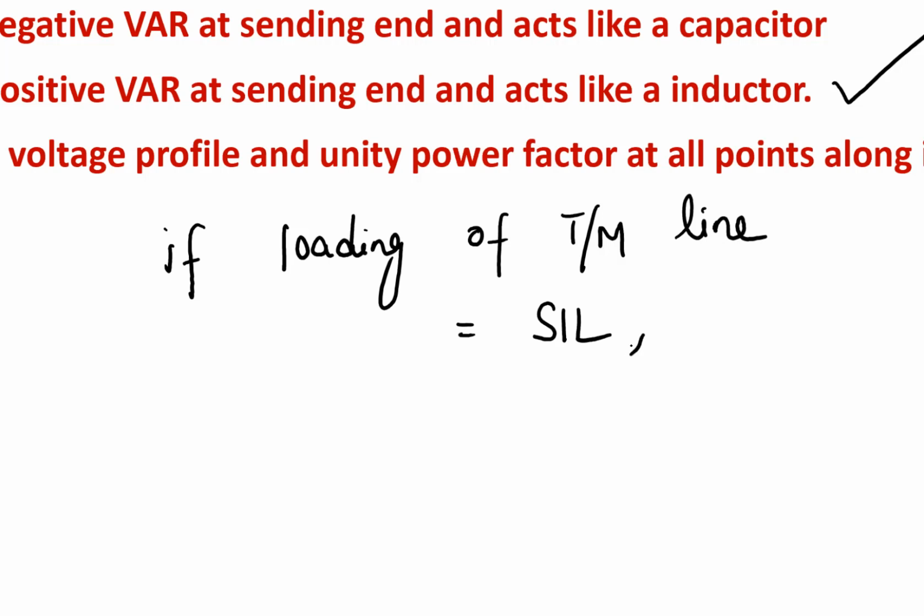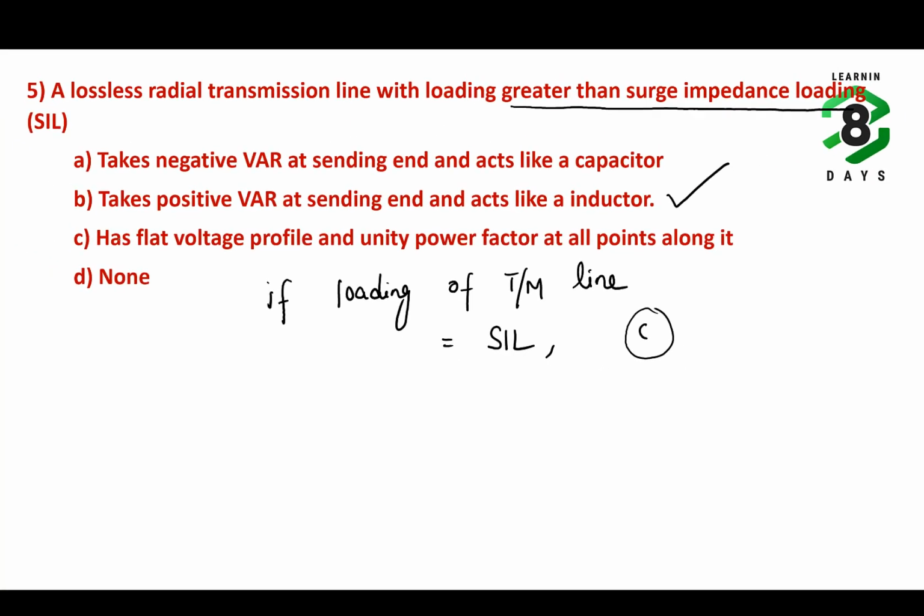It neither absorbs reactive power nor supplies reactive power. It is an ideal situation where you will get option C as the right option. That means it has a flat voltage profile and unity power factor at all points along it. If the loading is equal to SIL, then C would have been the right option.